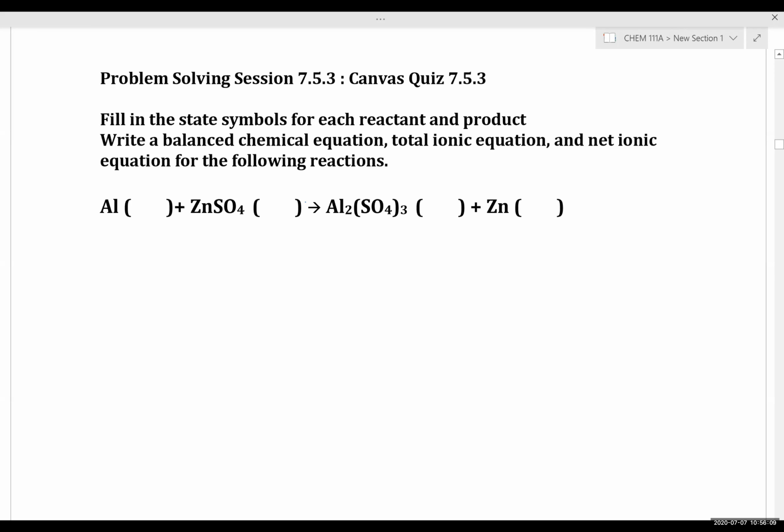And the proposed state symbols I see in the chat look great so far. Let's keep working through balancing the equation and assigning our state symbols, and we'll discuss in about another minute the first half of this question.